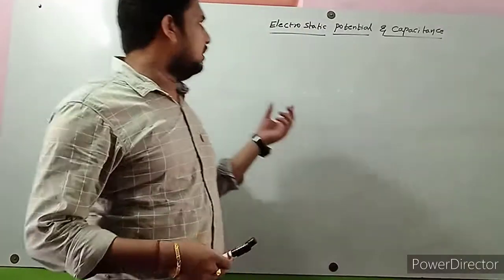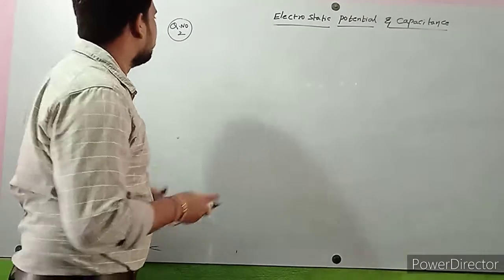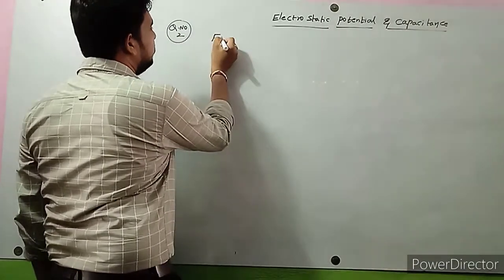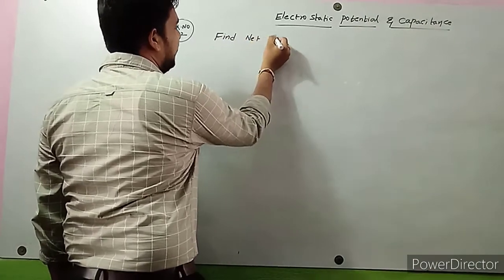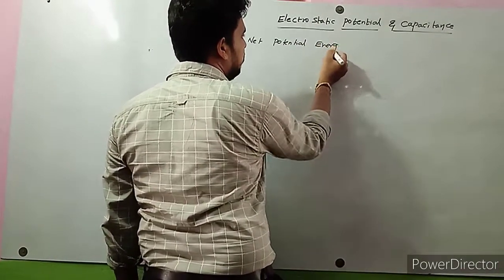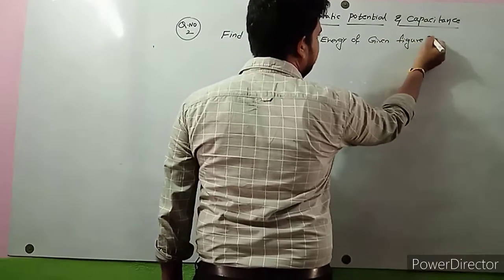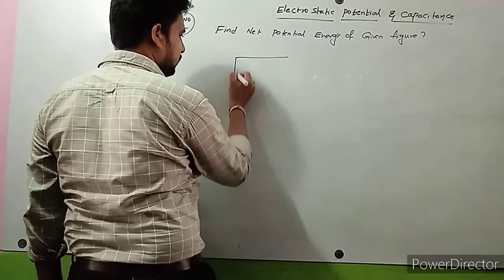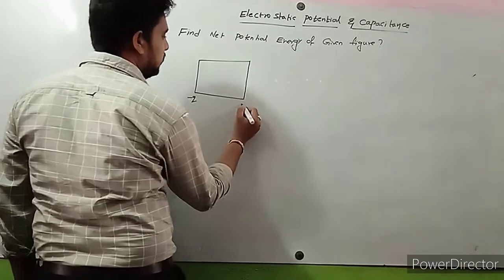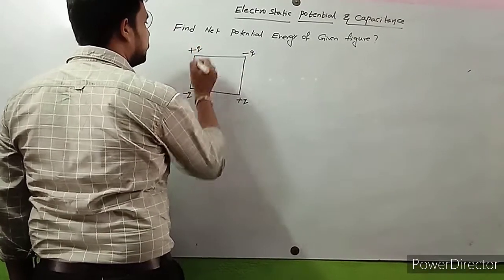Continuing my lecture on electrostatic potential energy, question number 2: find the net potential energy of the given figure. This is a minus q charge, here is a plus q charge, here I consider minus q, plus q.